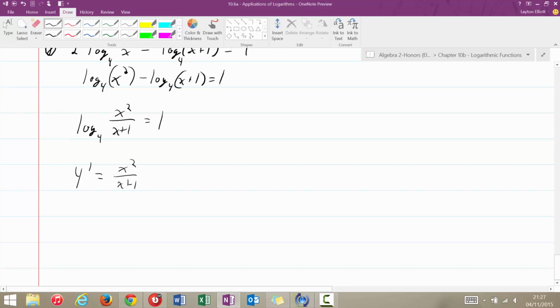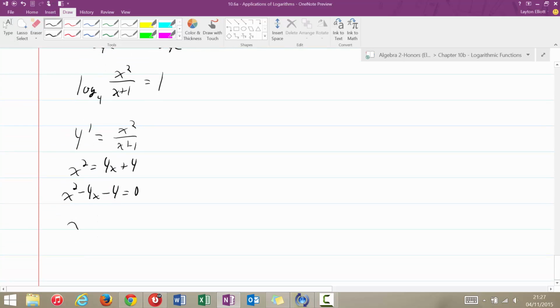And if I do some cross multiplying, I get x squared is equal to 4x plus 4, or x squared minus 4x minus 4 is equal to 0. Quadratic formula, x equals opposite of 4 plus or minus the square root of 16 minus 4 times a negative 4, all over 2, and I get 4 plus or minus, it's going to be root 32, so 4 root 2 over 2, or 2 plus or minus 2 root 2.